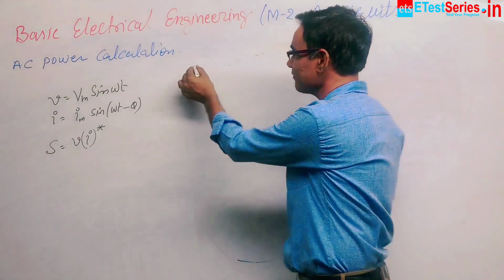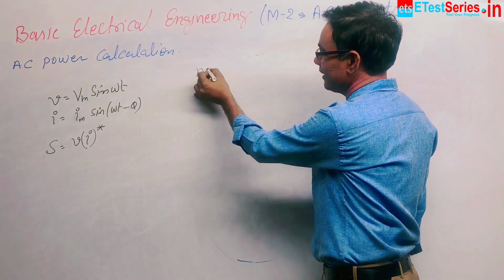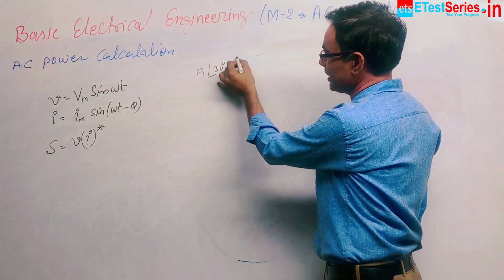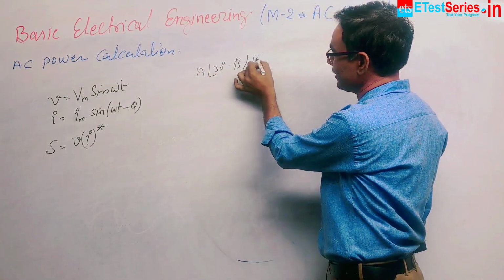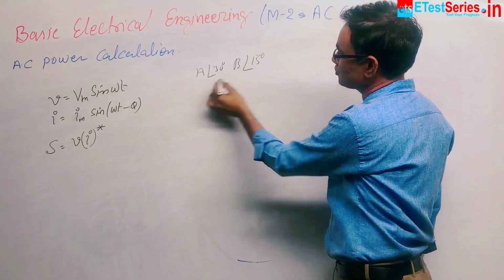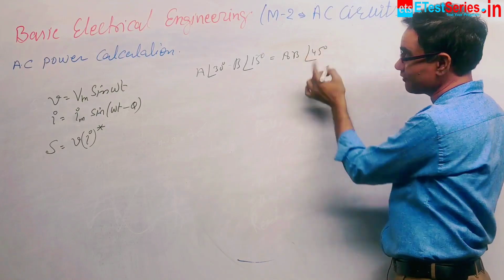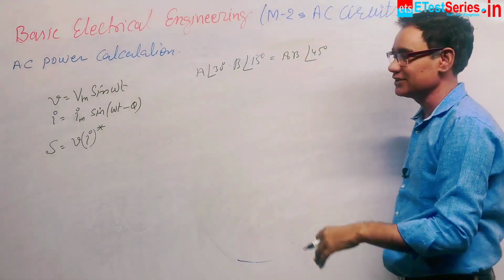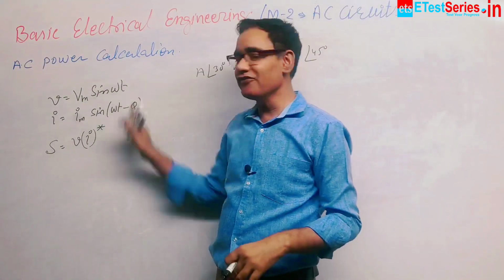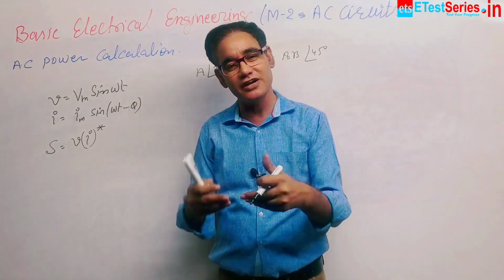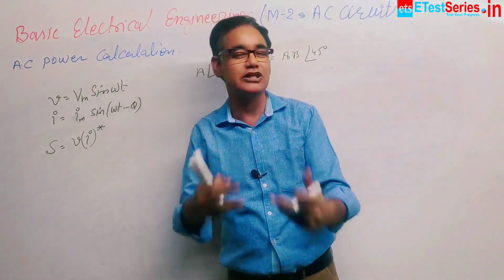You know, if we multiply A with angle 30 degree and B with angle 15 degree, the product of these two things is AB with angle 45 degree. Not that, but we require the angle difference. The difference of voltage and current is the phase difference in between these two.